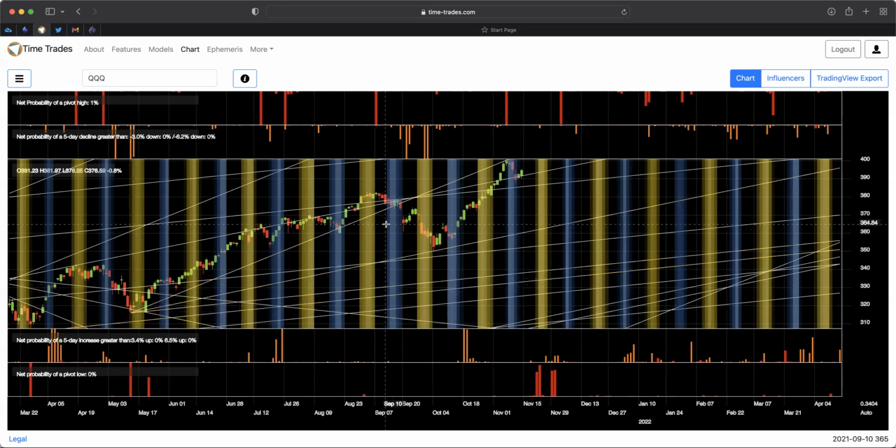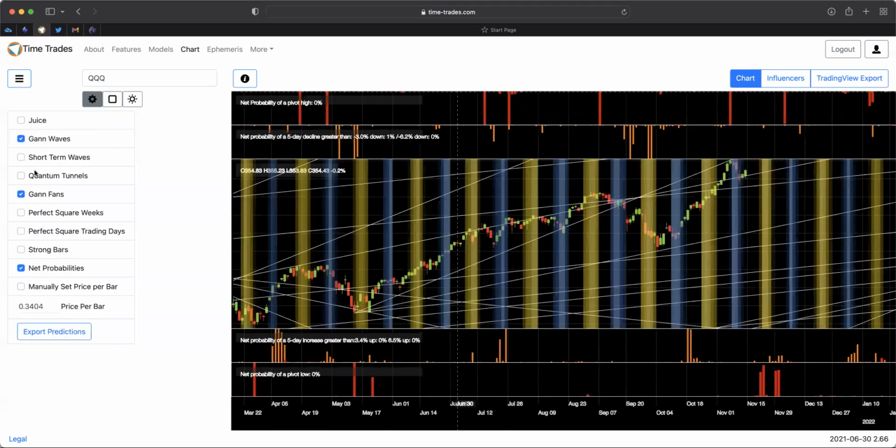So coming through to this November 5th date, even though it looks like a pivot high, it's still considered a forecast pivot high. Same with these dates, September 7th. Same with these dates. Okay, so it's very encouraging to see these pivot highs aligning with price behavior. Okay, so let's turn off GAN fans.